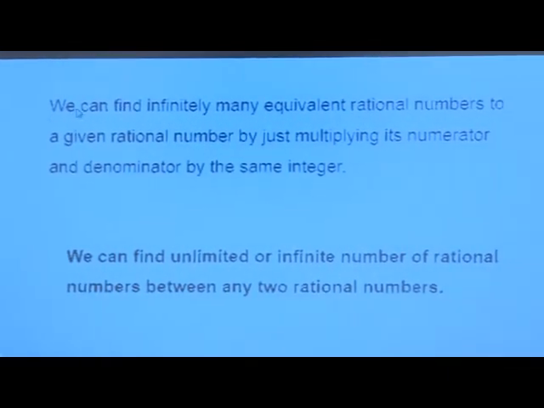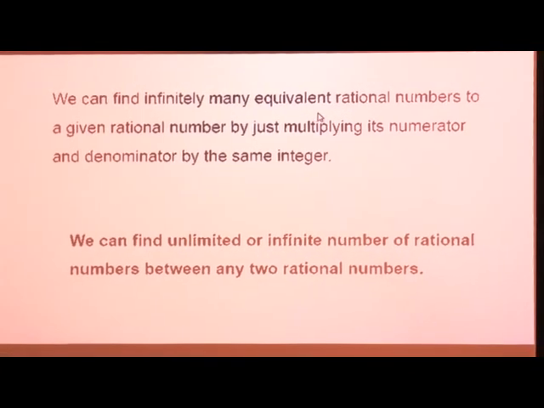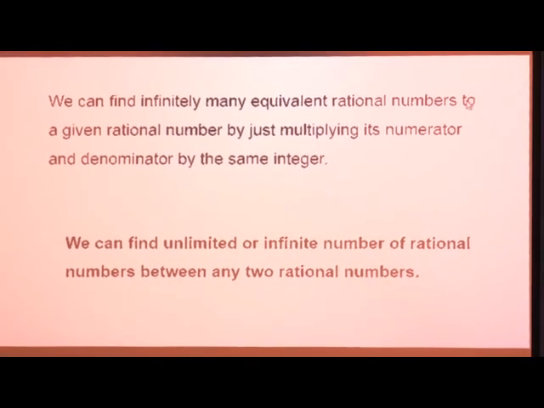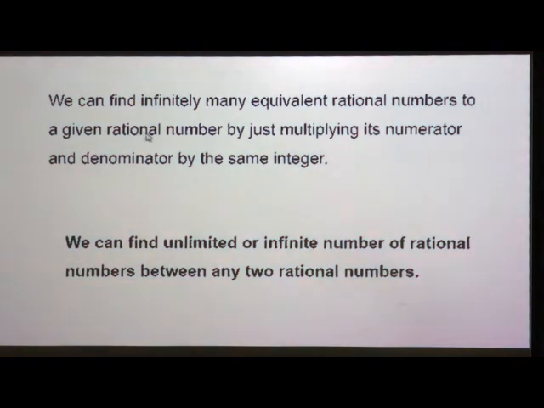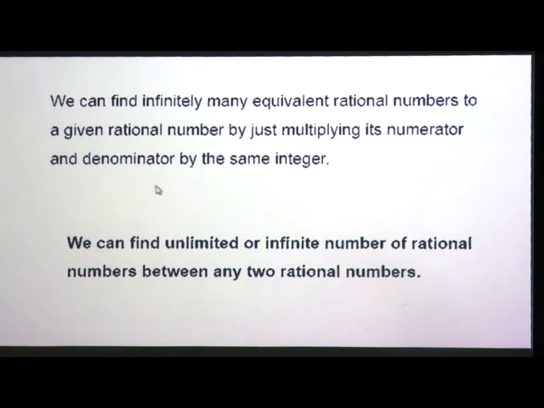Here we will read out: we can find infinitely many equivalent rational numbers to a given rational number by just multiplying its numerator and denominator by the same integer.